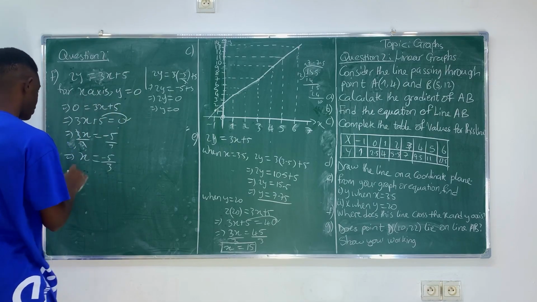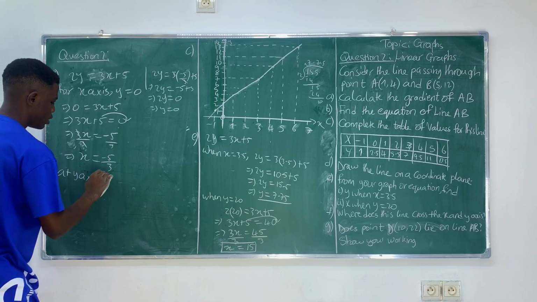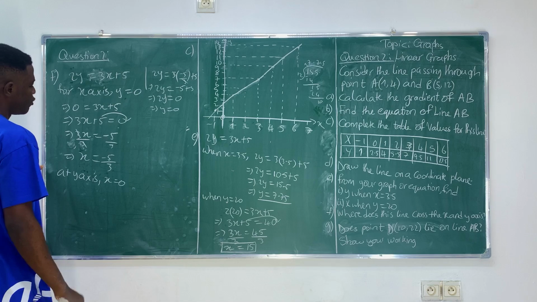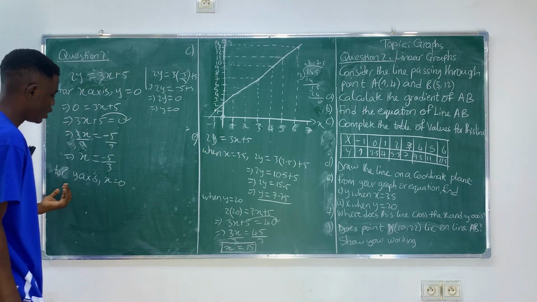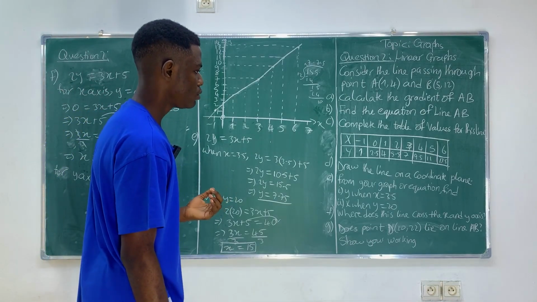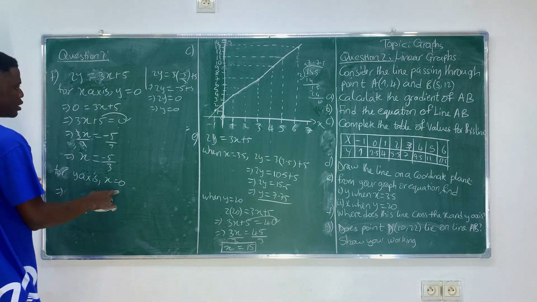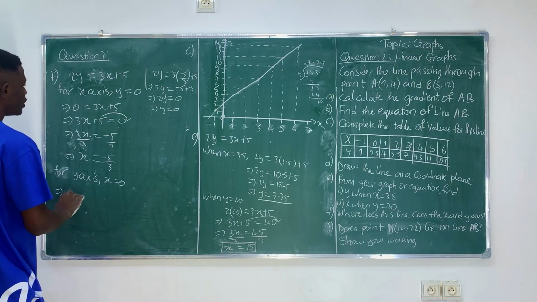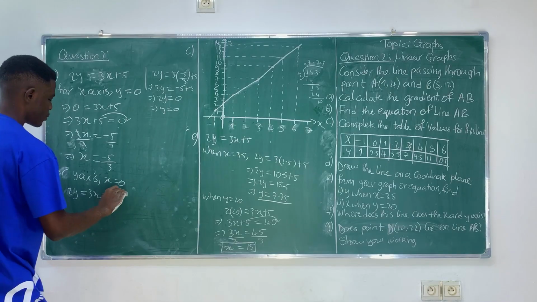On the x-axis, y equals 0. For the y-axis, where does the curve touch the y-axis? At that point, x is equal to 0, which implies we have the equation of the line as 2y is equal to 3x plus 5.